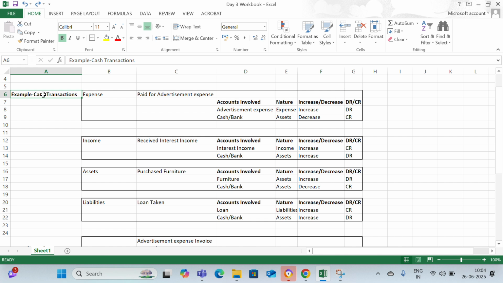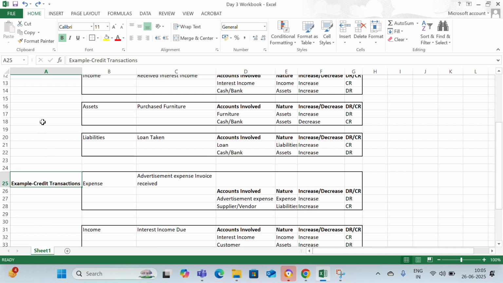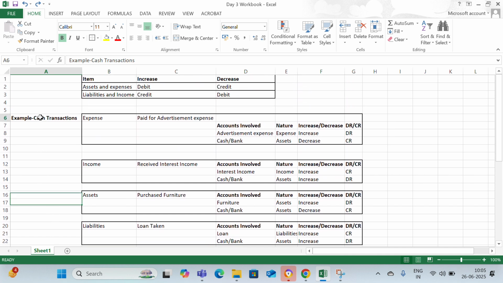So before you pass any journal entry, the first step is to identify whether it is a financial transaction, and second, what are the steps involved in the transaction and what are the accounts involved. There can be two kinds of transactions, the cash transactions and the credit transactions. Let us first look at the cash transactions with examples.